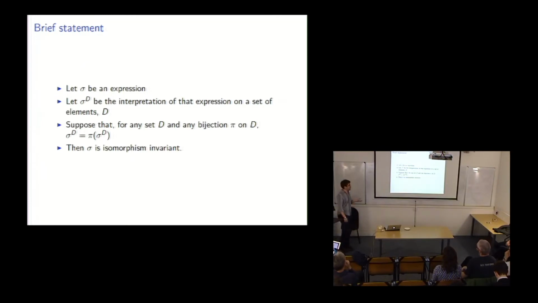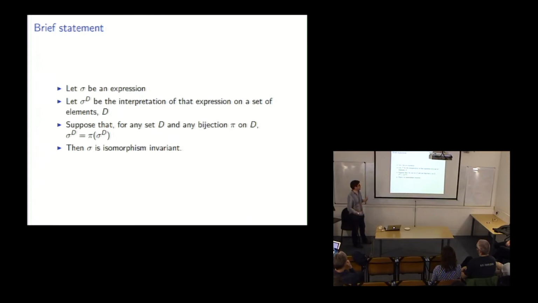So we need to tie this now from stuff in the world into bits of language. And we'll say, let sigma be an expression, just some item in our vocabulary. Now, in exactly the usual way, let's say that sigma d is the interpretation of that expression on a set of elements d. So that's just what we're mapping sigma to on a particular interpretation.